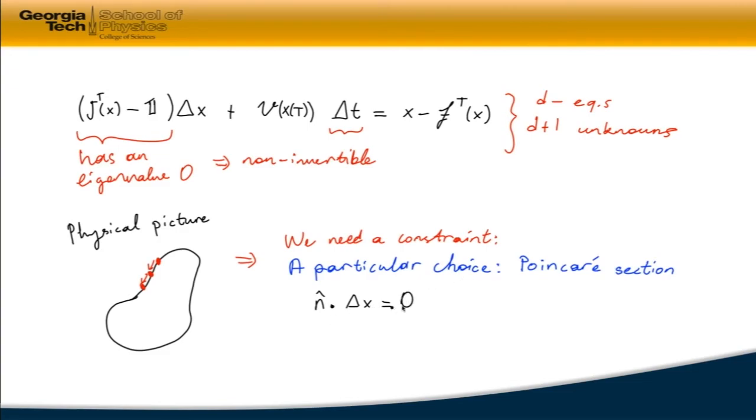This means that it needs to be perpendicular to the normal vector that defines the Poincare section. So this tells us: don't look outside the section hyperplane.